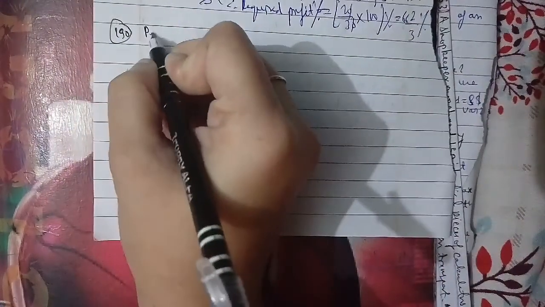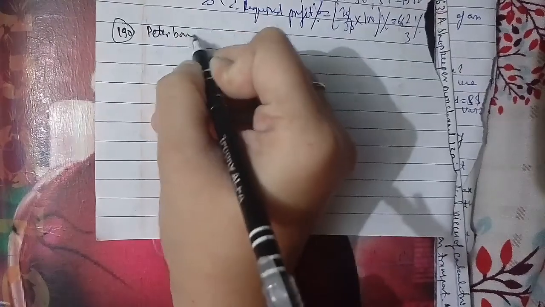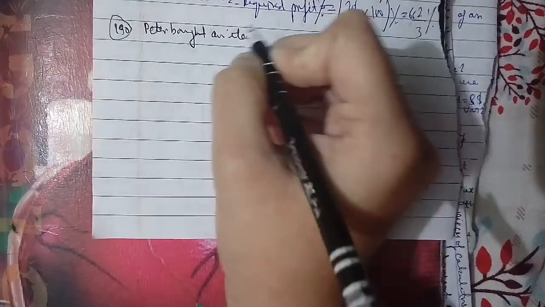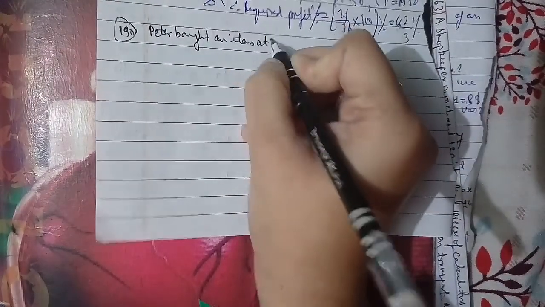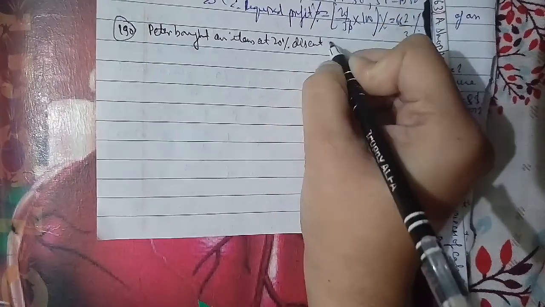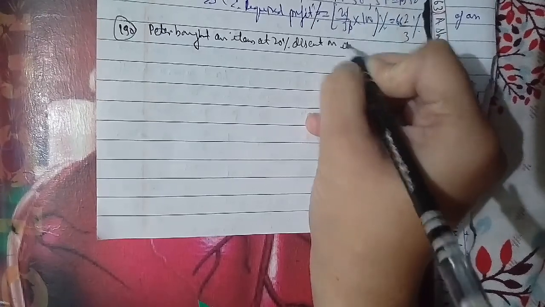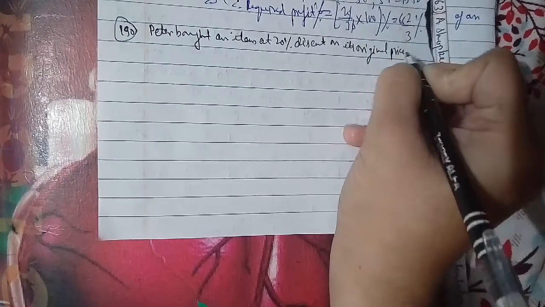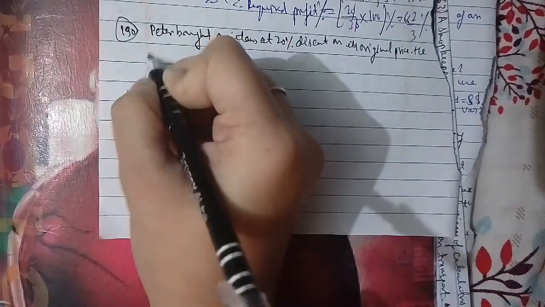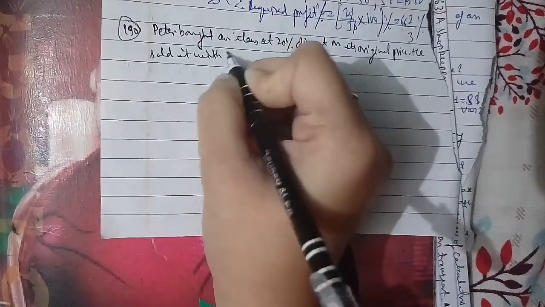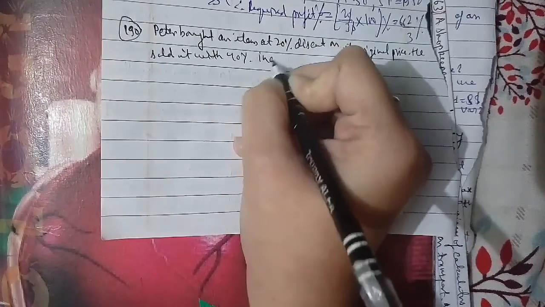Peter bought an item at 20% discount on its original price. He sold it with 40% increase on the price he bought it.